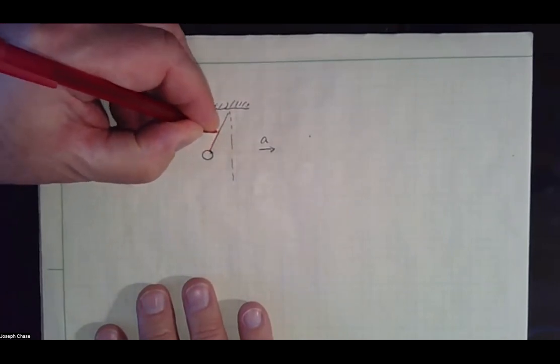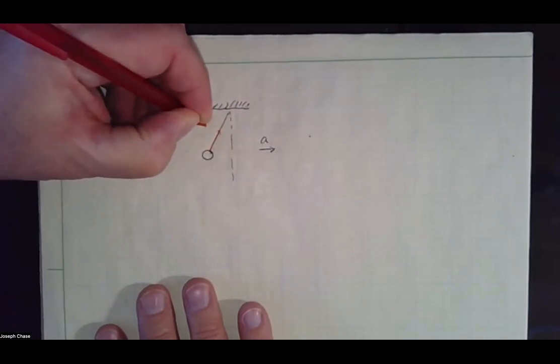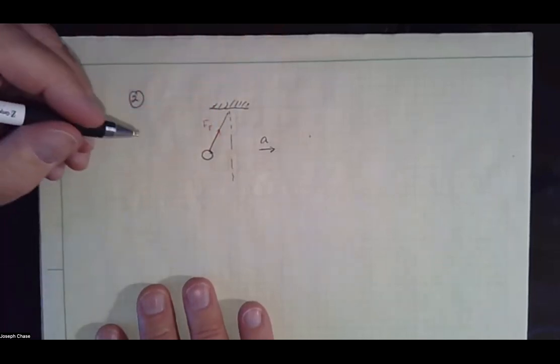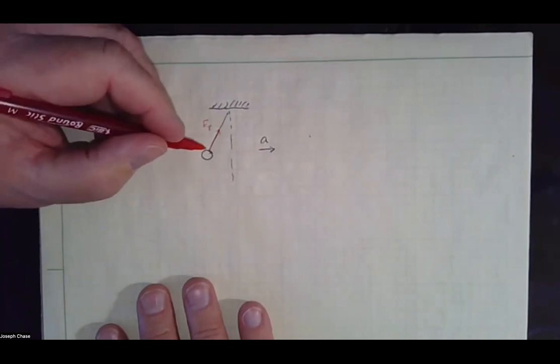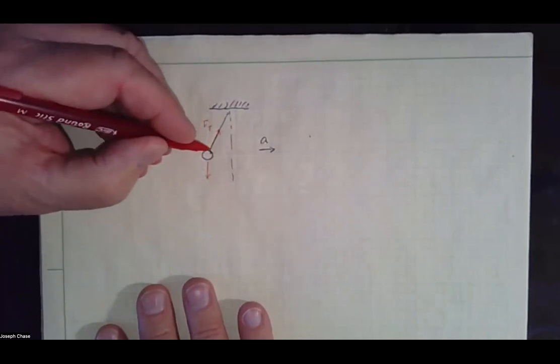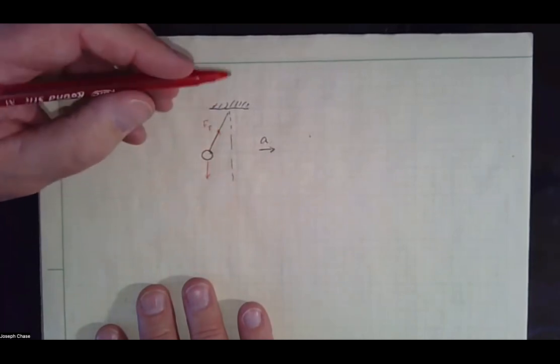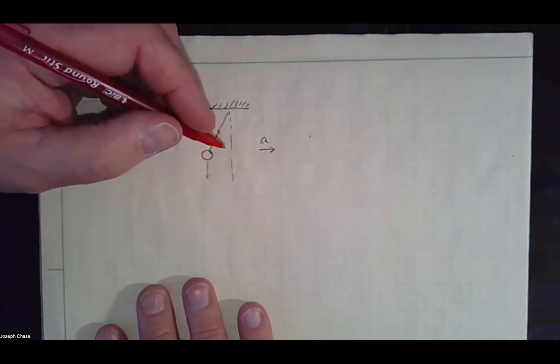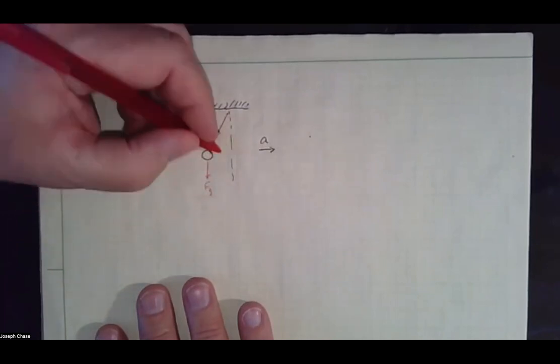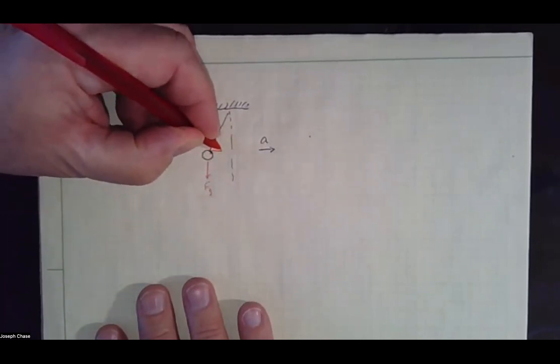So here's our tension, Ft. And since the tension is no longer vertical, we have a component that's available to help accelerate it forward. So we still have gravity. And so we're going to have a component along the x-axis.